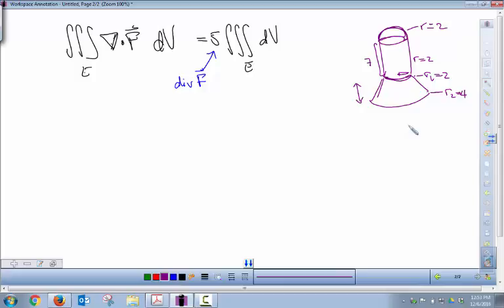It was from 1 to 3, so it has height 2. And then we have one more cylinder with a radius equal to 4, and then the height is from -1 to 1, so the height of that is 2.